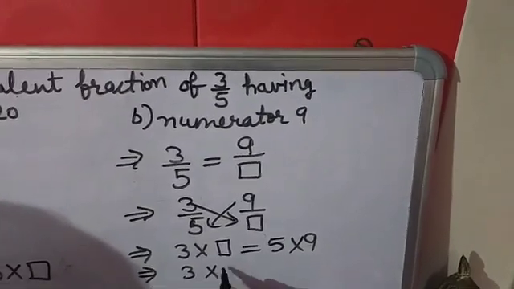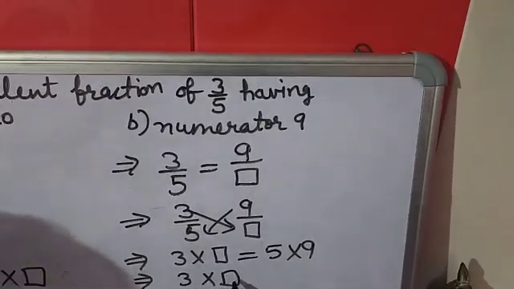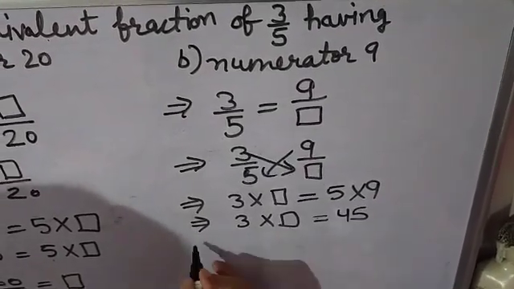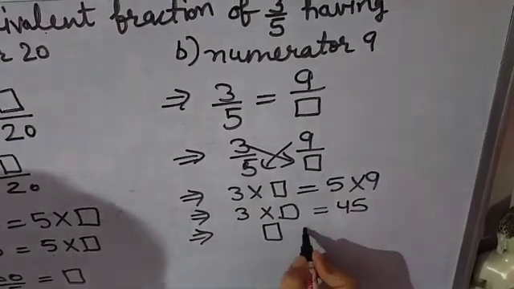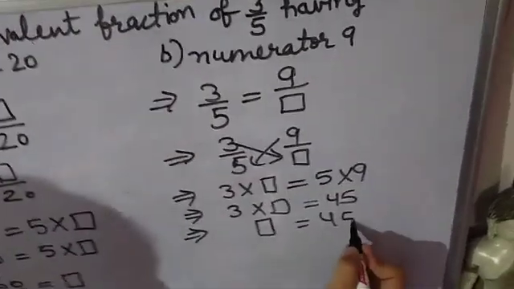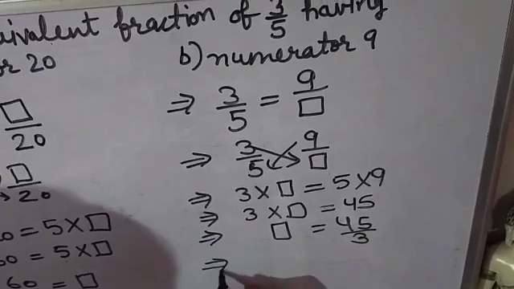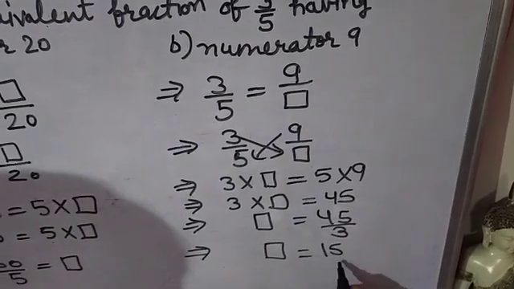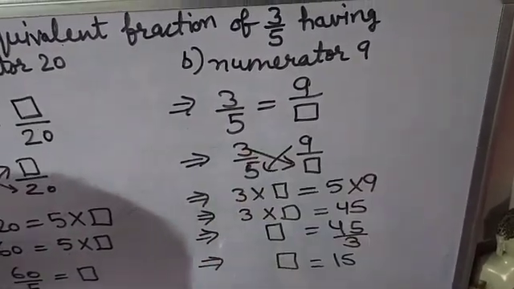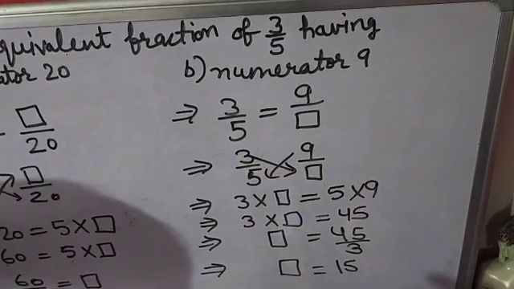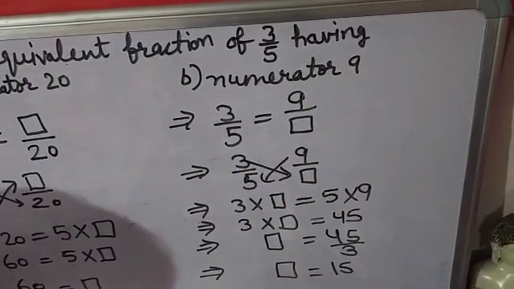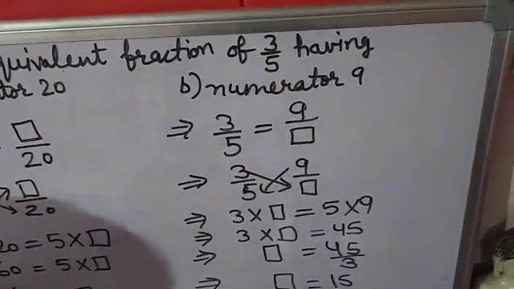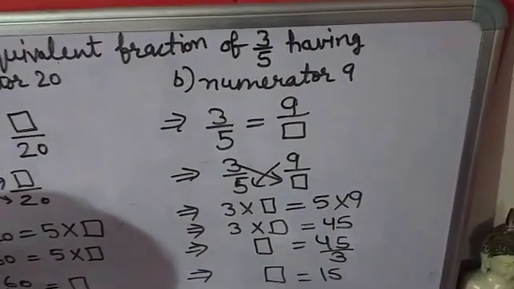We cannot multiply this 3 and box. 5 9s are 45. 3 will go there. 3 is here of multiply. When it goes there, it will be of divide. When you divide, the value is 15. 45 divided by 3, 15 will come. So write the answer in that form. Write this equivalent fraction, 3/5 is equal to 9 upon, instead of box, now you will write 15 here.